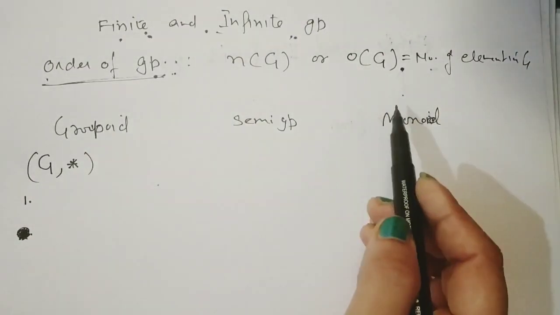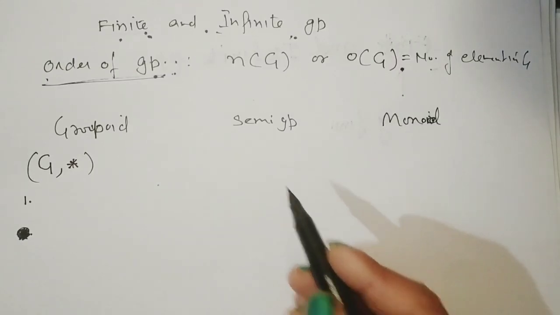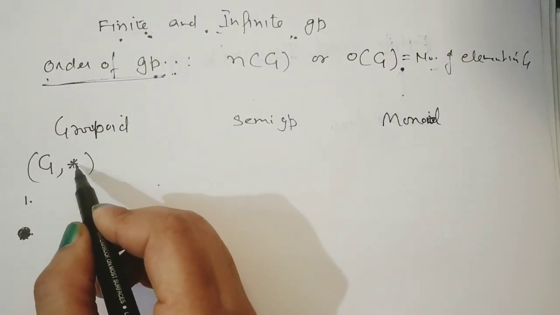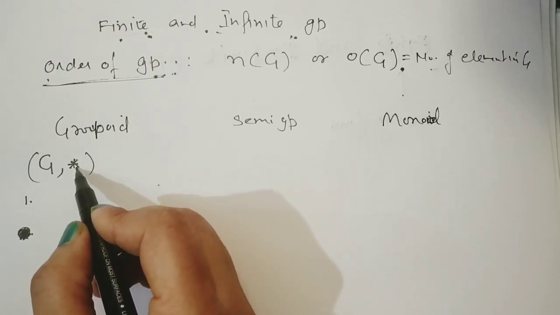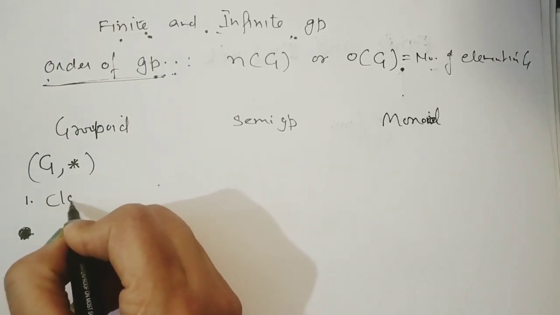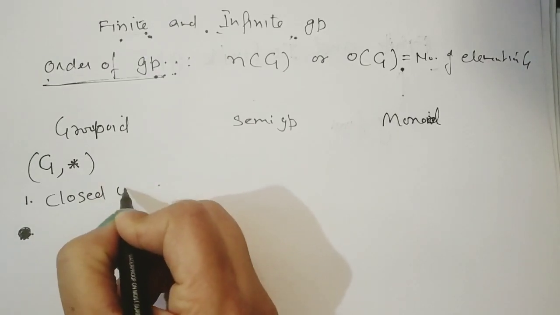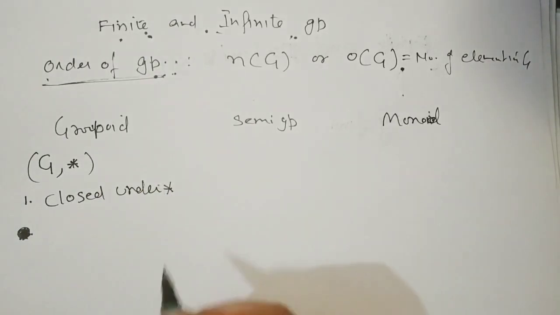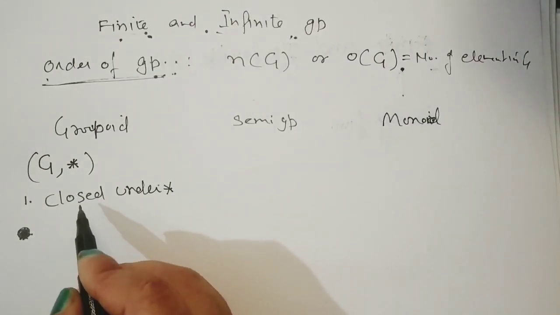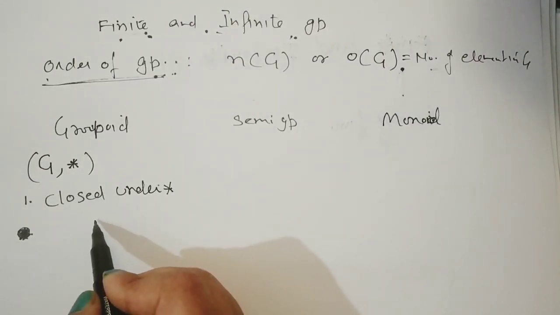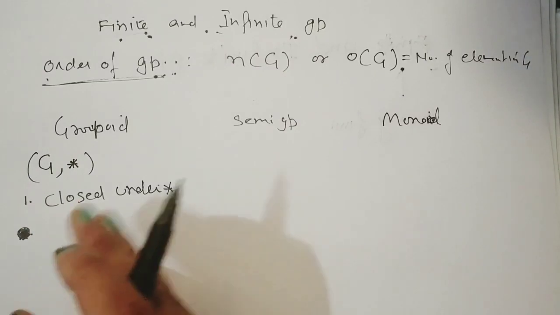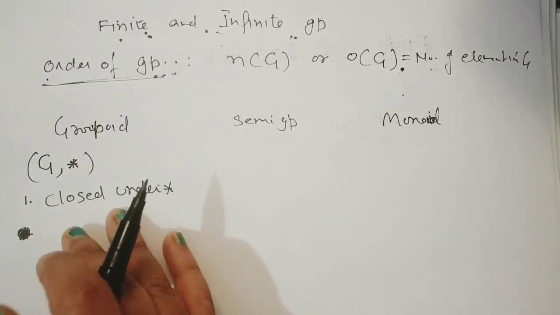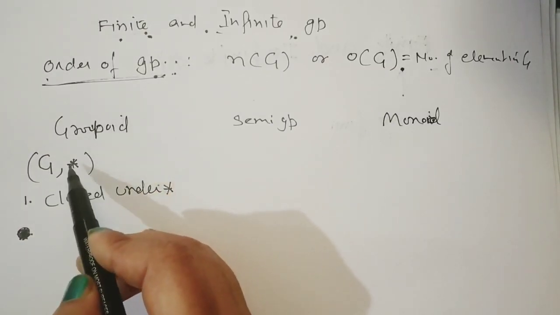Now these three simple definitions. So first is groupoid. If we have a non-empty set together with a binary operation, which is closed under this operation, the only first property, if for a set only the first property holds, and the other three properties like inverse, identity, associative do not hold, that set is called a groupoid, because it is not a group.